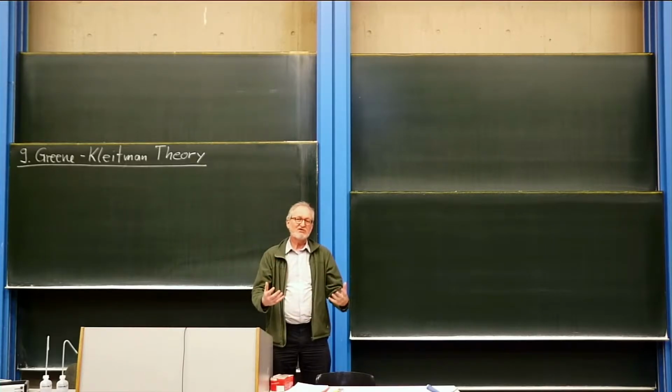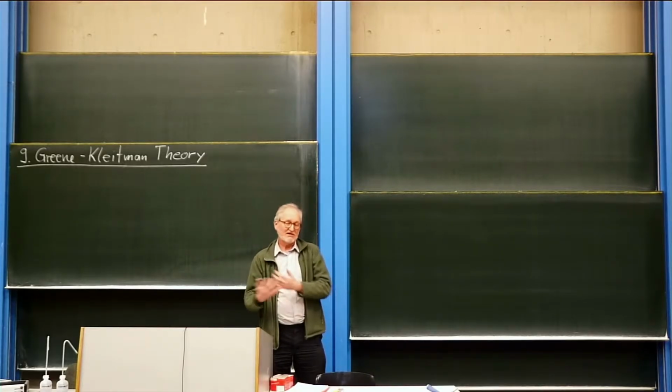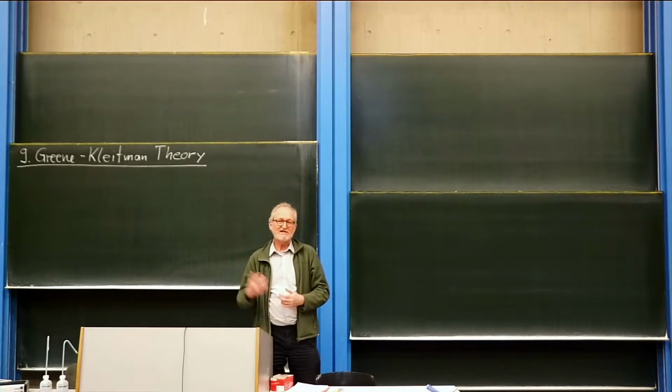Dilworth's theorem and its dual say that a comparability graph and the co-comparability graph are perfect. And here we will see a much stronger property.